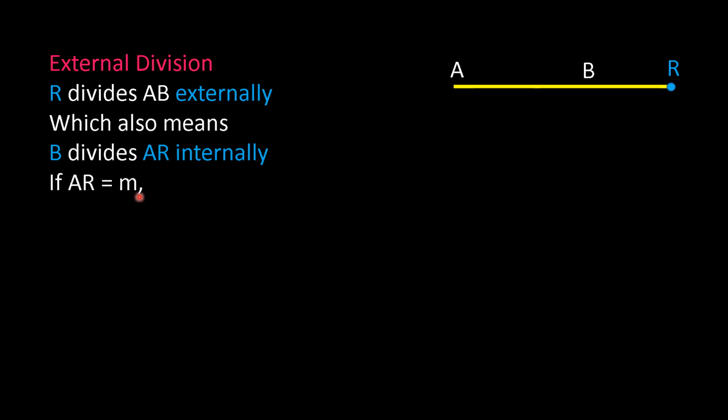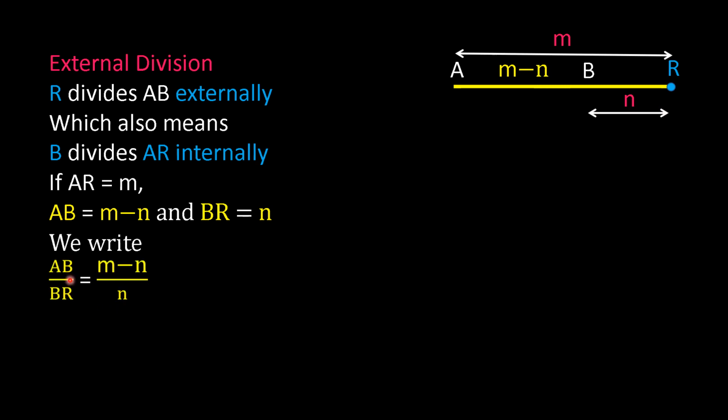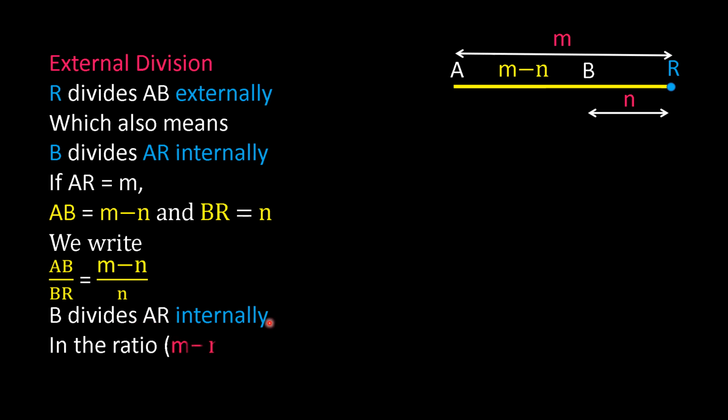If AR equals m, then AB will be m minus n and BR will be n. We write AB upon BR equals m minus n divided by n. That is, B divides AR internally in the ratio m minus n as to n.